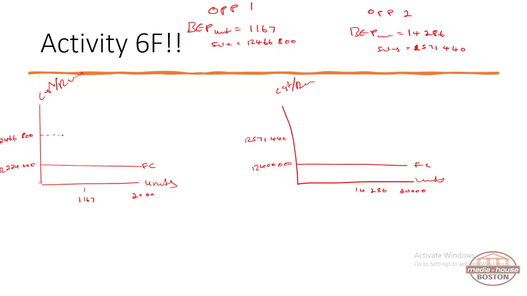So we're going to try and put these together. There. So we're going to have our variable cost on this side. So we're going to have our variable cost arising.